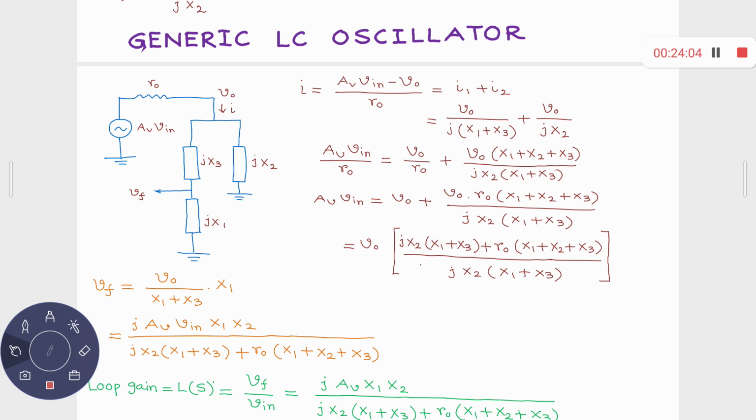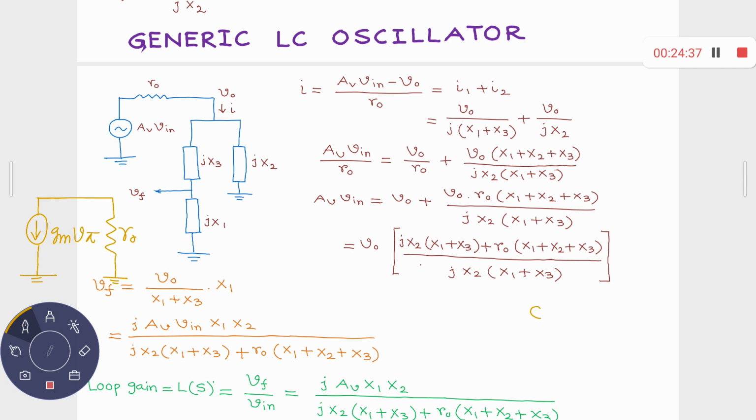This is the output side of a transistor, gm pi and parallel R naught. Now using source transformation, what can you do? This is R naught, so this is nothing but a voltage source in series with R naught.